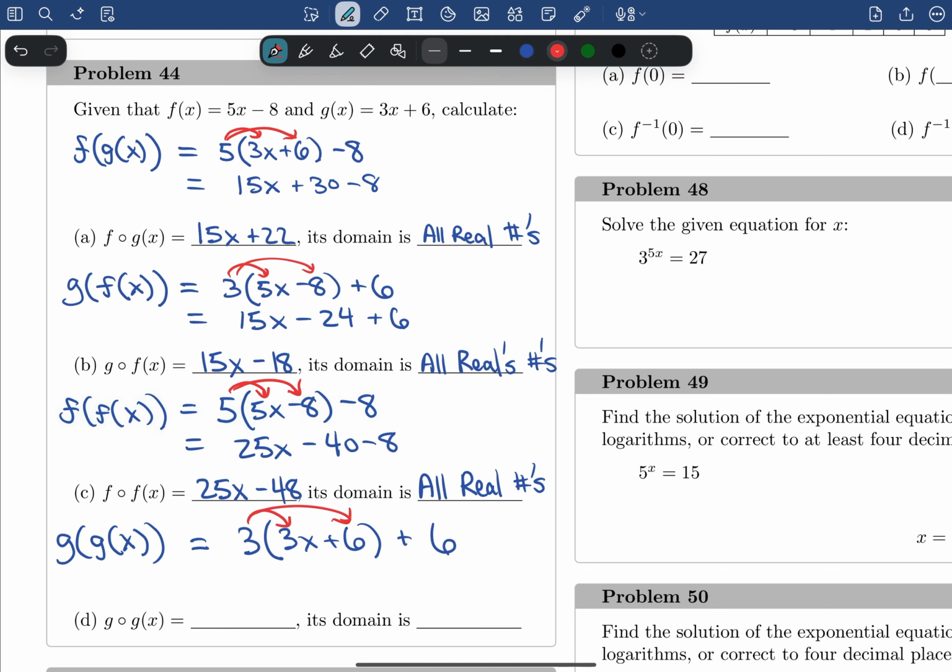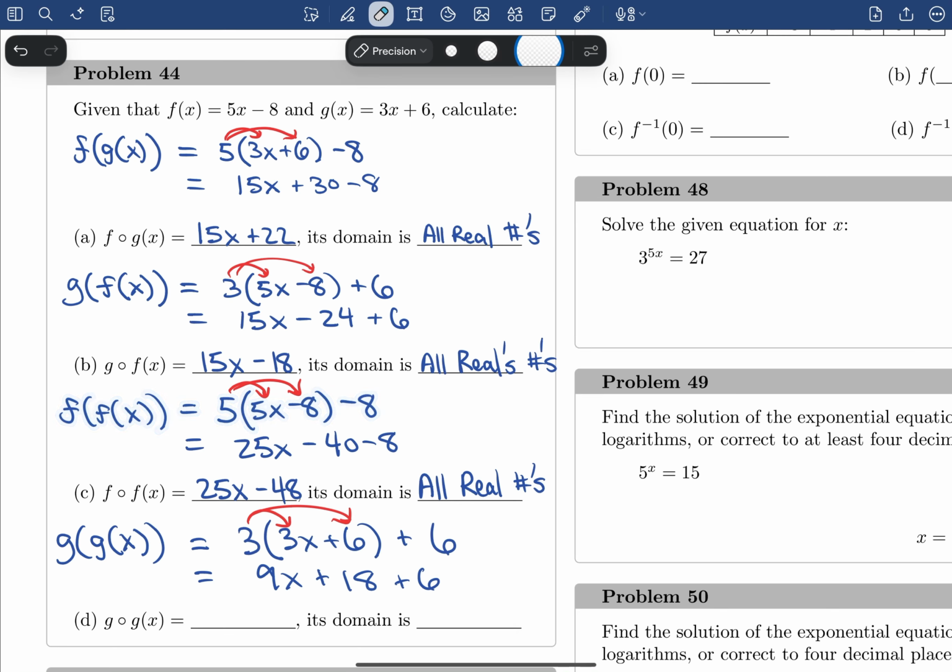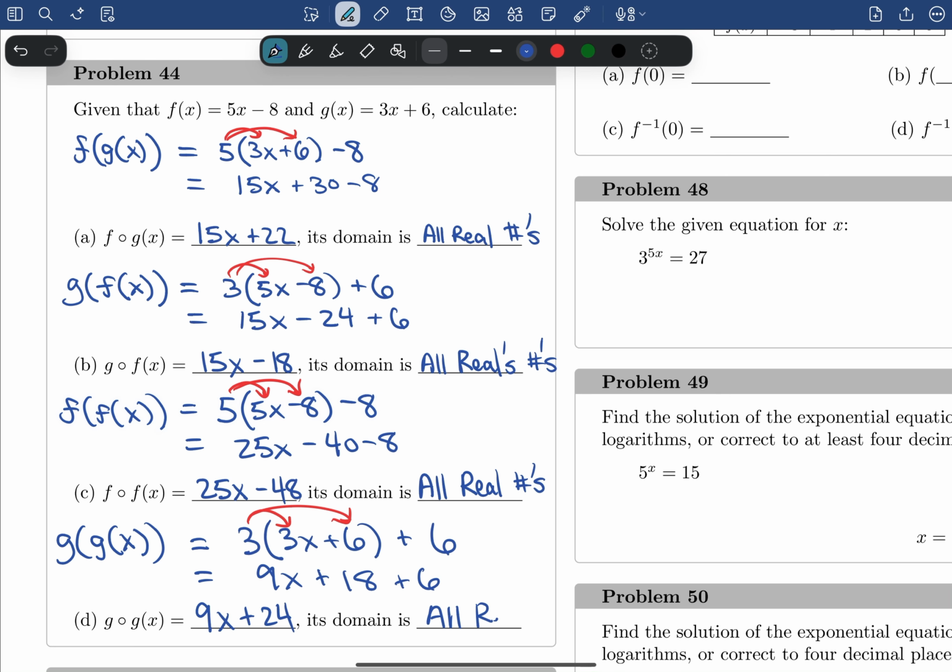Okay, so now I distribute that 3 in, and I get 9x plus 18 plus 6. And writing my final result, I now have 9x plus 24. That's a simplified version of g of g of x. And yep, guess what? The domain is all real numbers again.